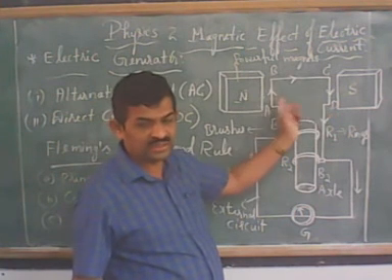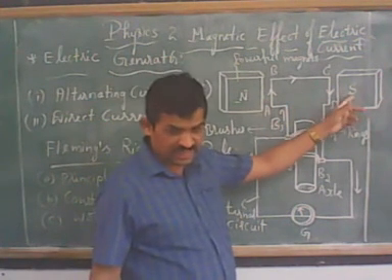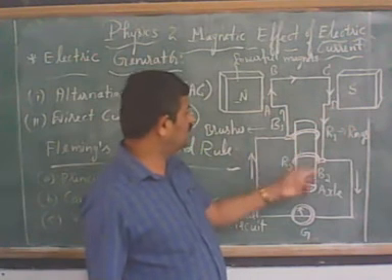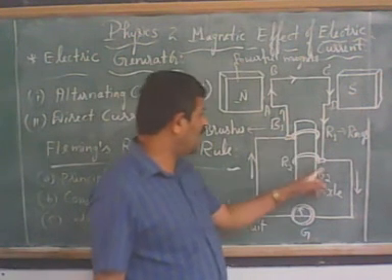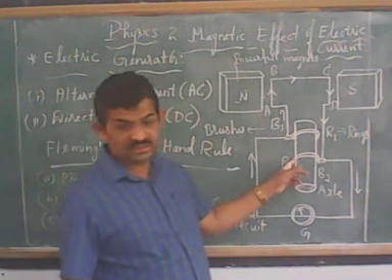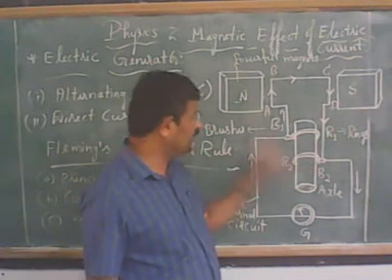The ABCD coil is mounted in between two powerful magnets, N and S. And this is the axle. On the axle we observe R1 and R2 slip rings.